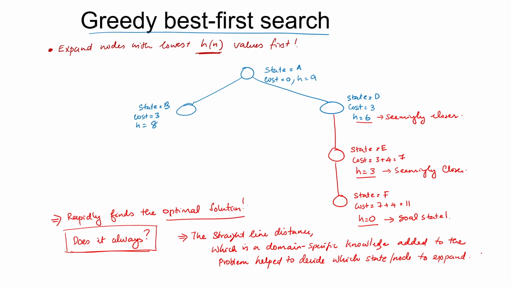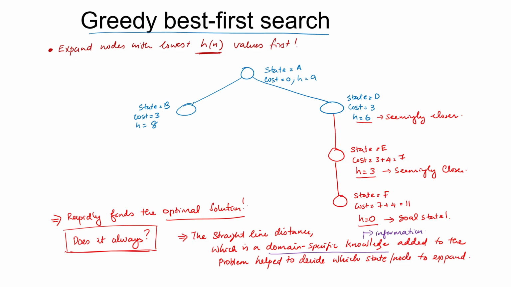This domain specific knowledge is what we call the additional information that we added to this problem.